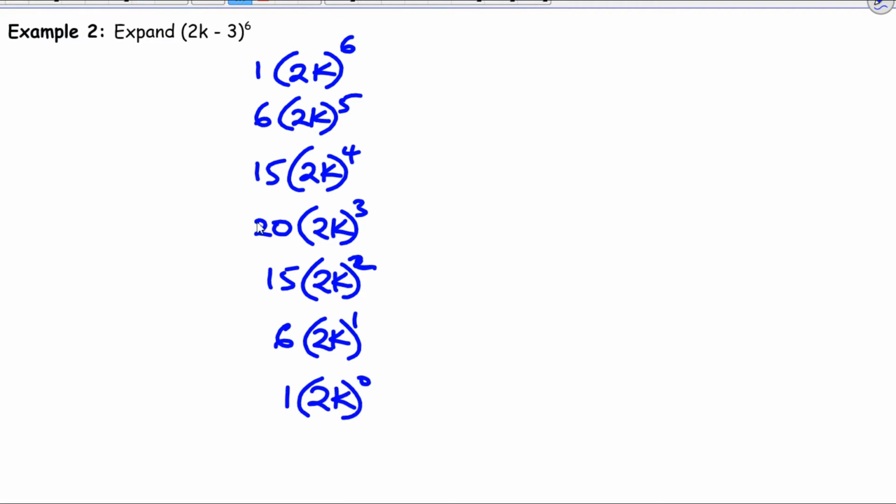The next step is filling in the powers of the second term, and the second term is negative 3. Not positive 3, it's negative 3. And the powers of negative 3 start from 0, ascending.